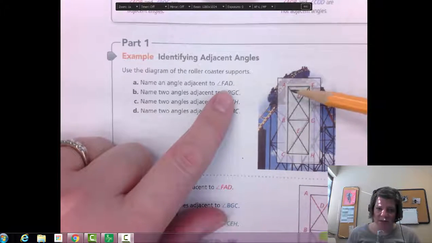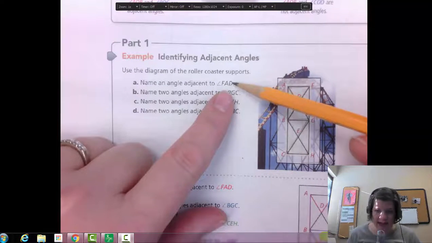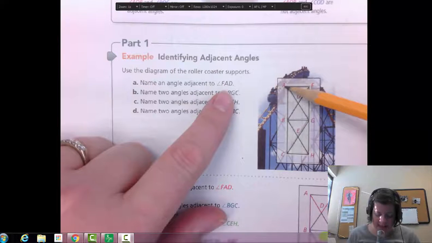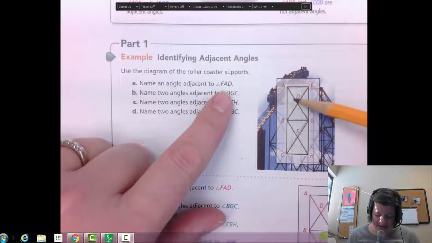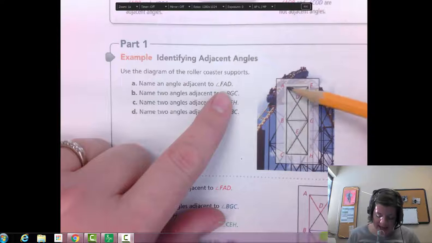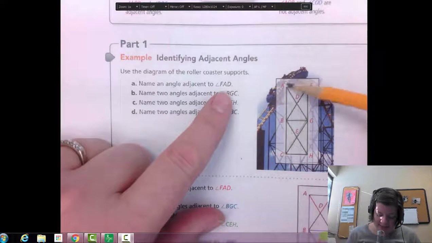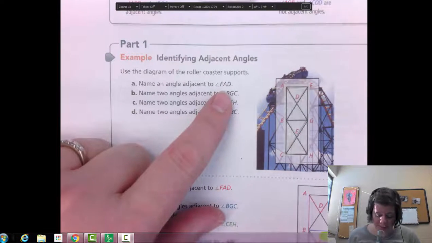That's A. So if we name one that's like this one, it has to have A in the middle. And it has to have a side in common. So here's a side in common. We did FAD. We could do DAB. See, these two are angles that are adjacent. They share this side and they share that angle there.